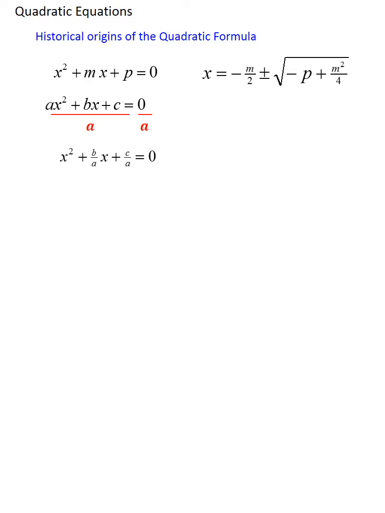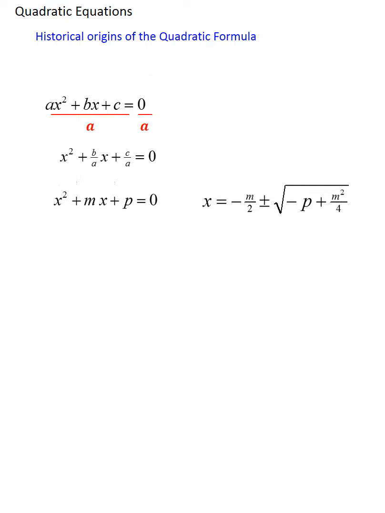And what that does is that gives me an ability to solve this, because they took the previous formula that they had, and in order to apply it to this particular situation, all they needed to notice was that they could substitute the fraction b over a in for m and c over a in for p into the formula that they had created for quadratic equations with a 1 in front of the x squared.